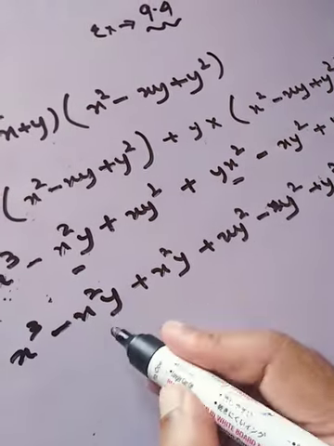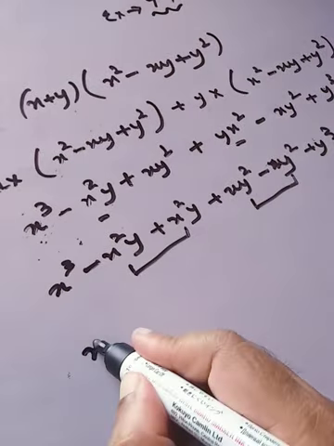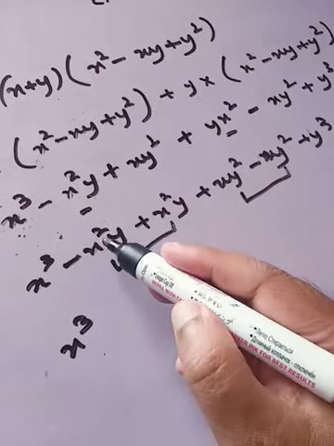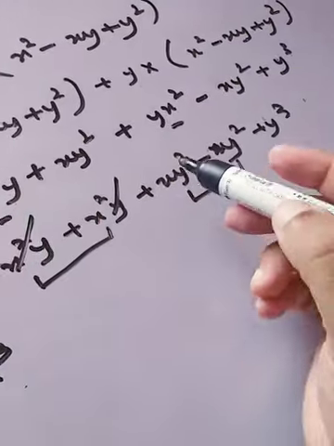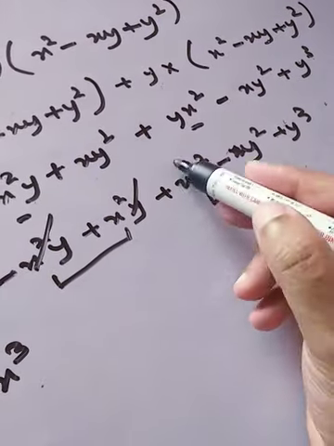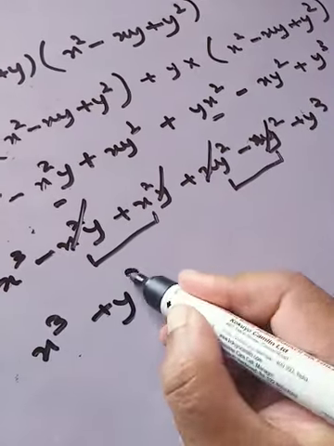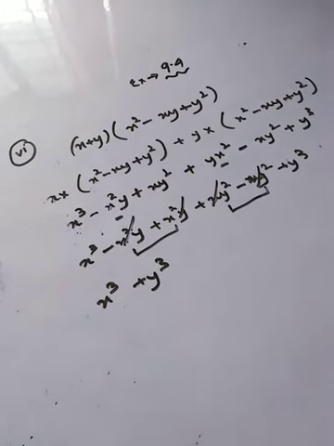So these two are like terms and these two are like terms. So x cube, minus plus, x square y minus x square y is 0, so we'll cancel it out. Plus minus is again minus, xy square minus xy square, 1 minus 1 is 0, so we'll again cancel this out. So your final answer is x cube plus y cube.